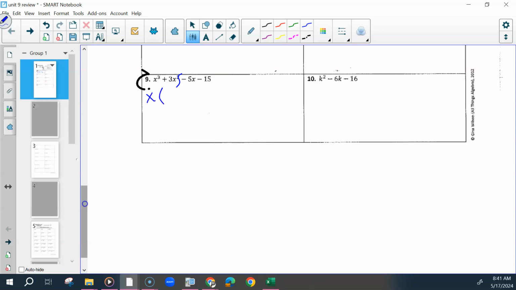What would be left? x squared plus 3. What could I divide out of the last two? -5.